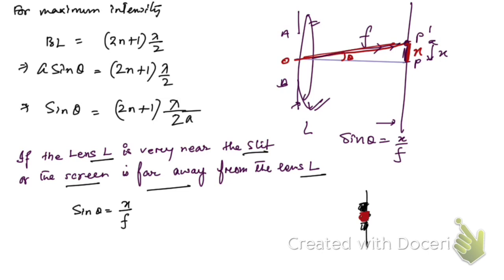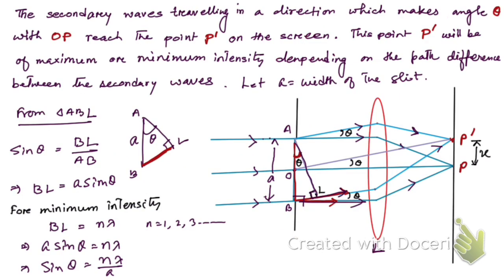This is the position of the first secondary minima, P dash. In that case, if you go to the condition for minima, for n is equal to 1, we're going to get sine theta is equal to lambda by a.